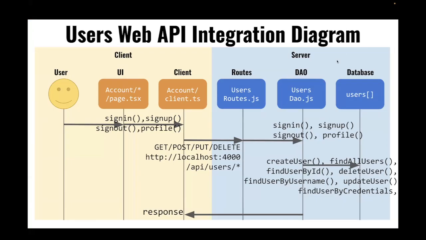Here's the server, and the database lives here with several arrays of users, courses, but they need to be accessed by the client. The client wants to display the currently logged in user, or wants to display courses or modules here in the user interface. So somehow the client needs to go out to the server, fetch the data, and then get back a response with that data.